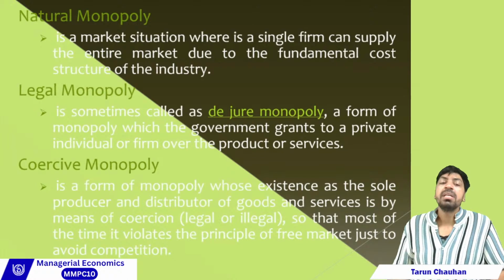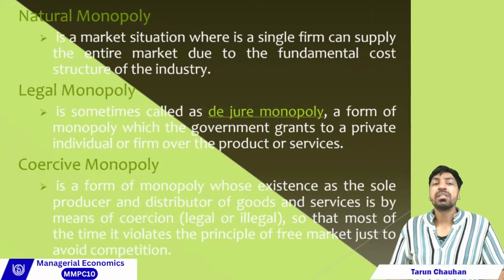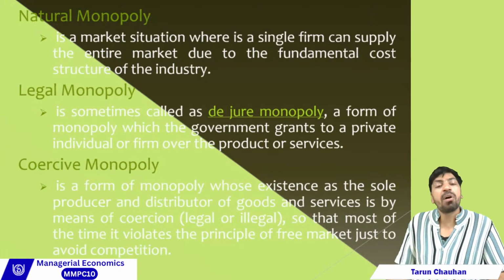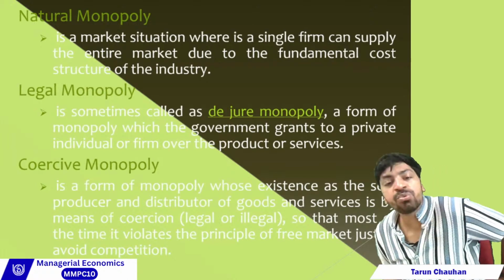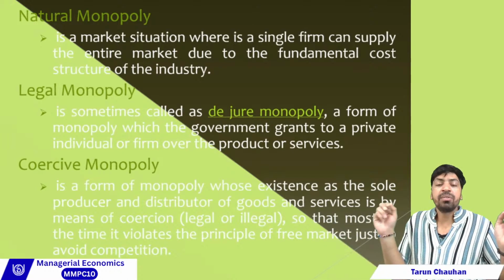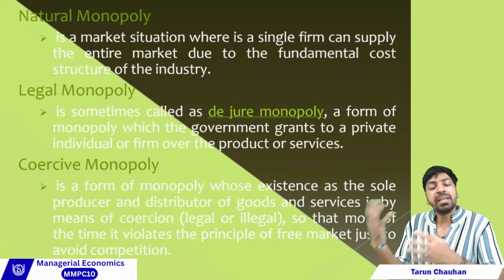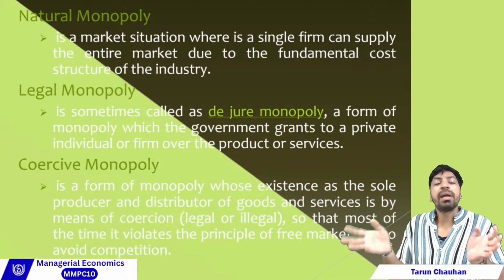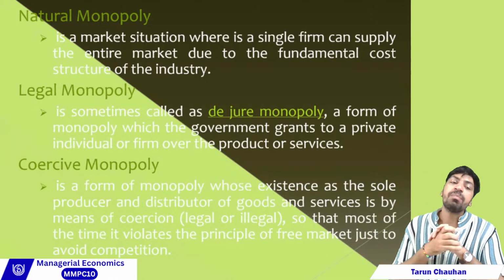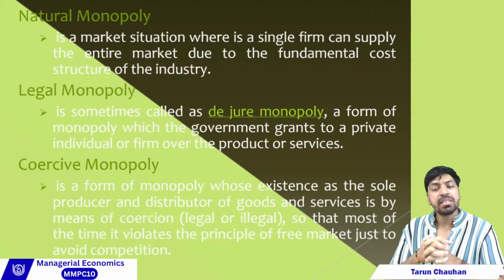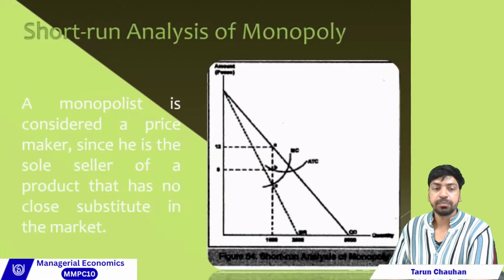Most of the time such a monopoly violates the free market just to avoid competition, and in that sense an illegal process will begin to exist in a market just to avoid the competition. Such a type of monopoly is called coercive monopoly, which also exists in the real world.